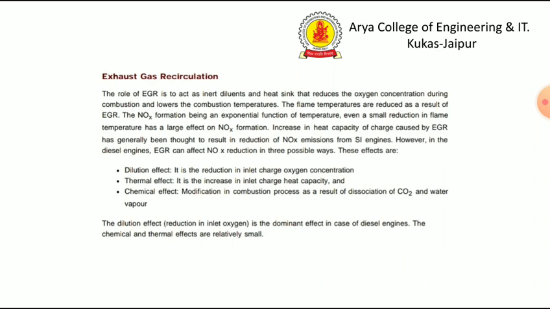The dilution effect is the reduction in the inlet charge oxygen concentration, the thermal effect is the increase in inlet charge heat capacity, and the chemical effect is the modification in the combustion process as a result of dissociation of carbon dioxide and water vapor. The dilution effect is the dominant effect in the case of diesel engines. The chemical and thermal effects are relatively small in diesel engines.